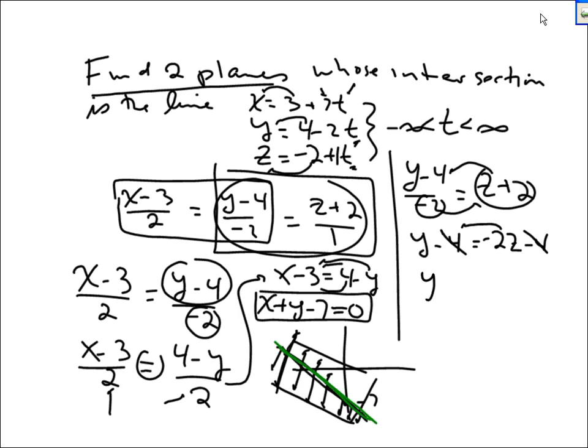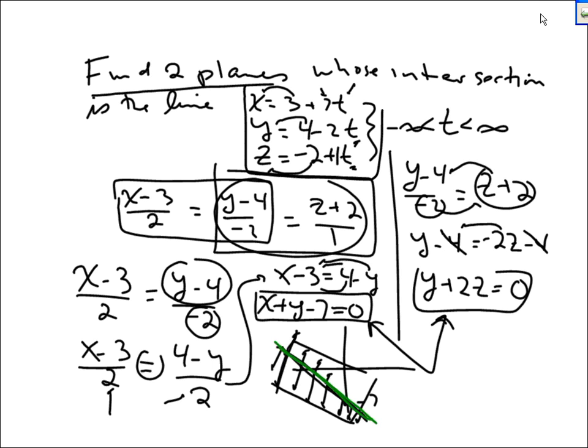Bring this over, you get y plus 2z equals 0. Those are the 2 planes. They intersect on this line, or if you prefer, on that line. They're the same. They intersect there.